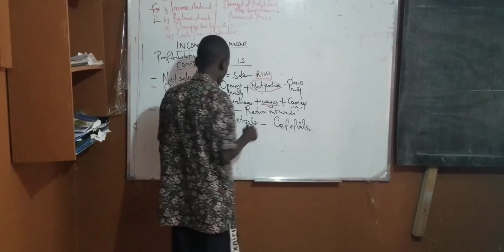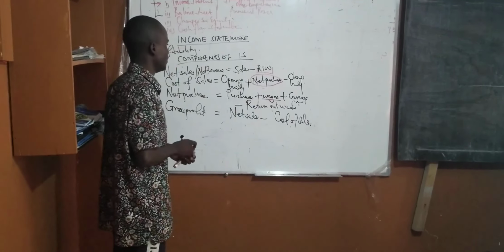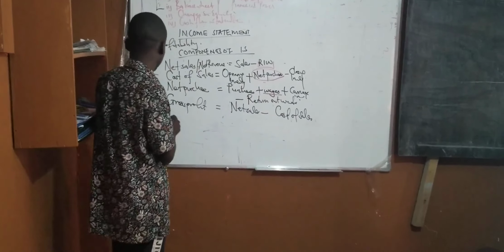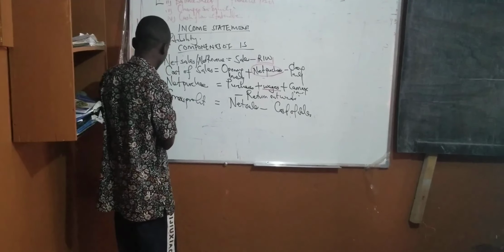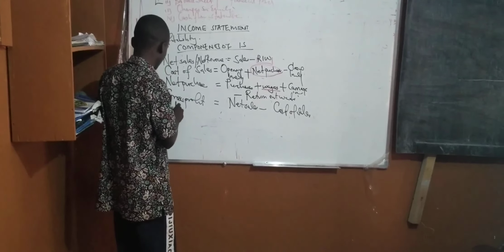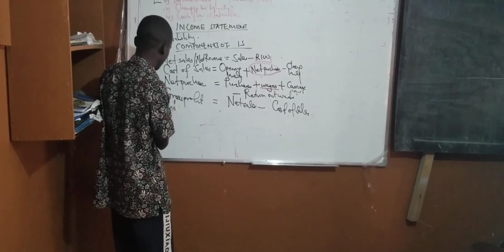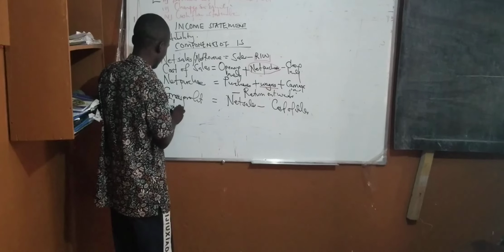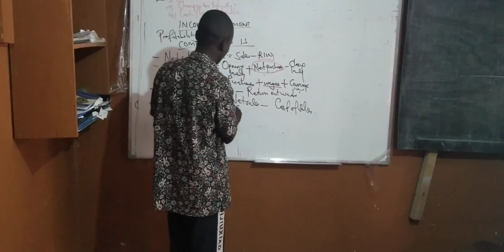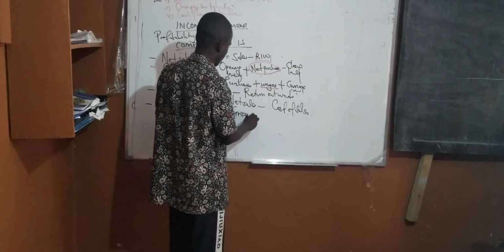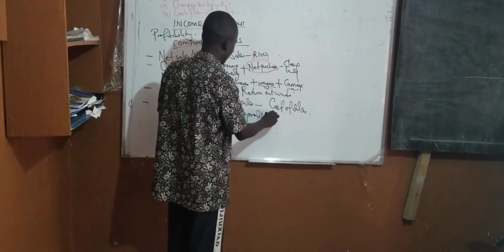And we already saw how to get the net sales and the cost of sales. Then the net profit. Last we have gross income. From the gross profit we have the gross income, which is gross profit plus other incomes.